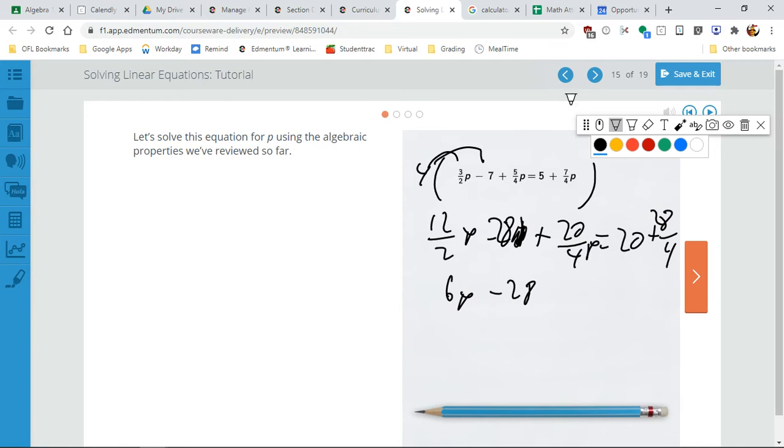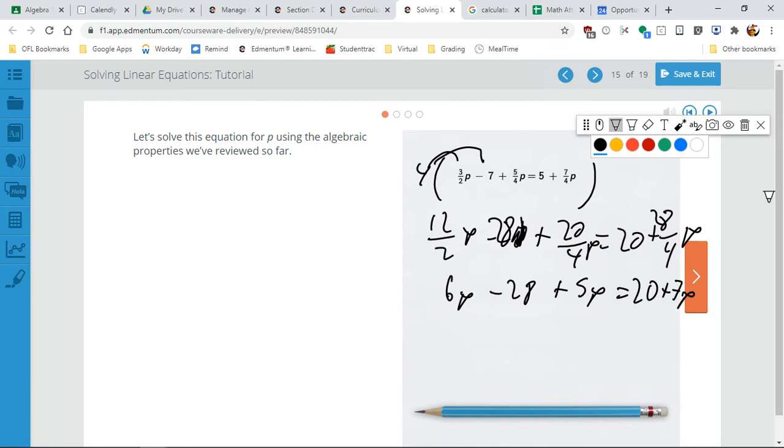This is supposed to be a p. 20 divided by 4, that's 5p. 20 is just 20. 28 divided by 4, that's just 7.